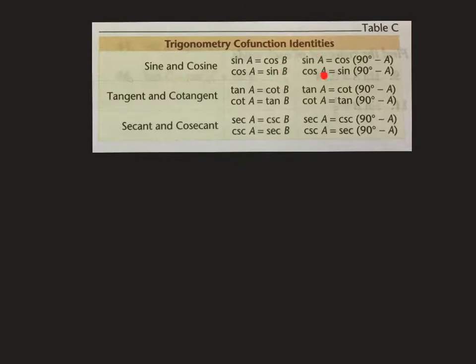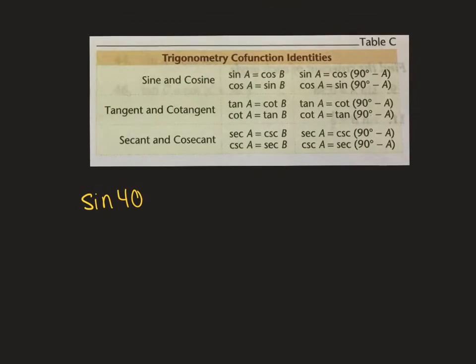And if you have a measurement for sine of A, so let's say we have the sine of 40, and you need to find what the cofunction of that would be, it's equal to cosine of 90 minus 40, which would be the cosine of 50. So you just plug that angle value into your formula, subtract it from 90 essentially, and that gives you your answer.